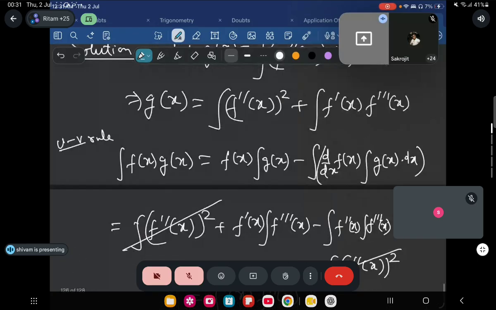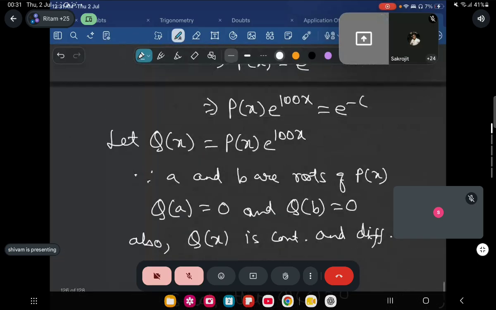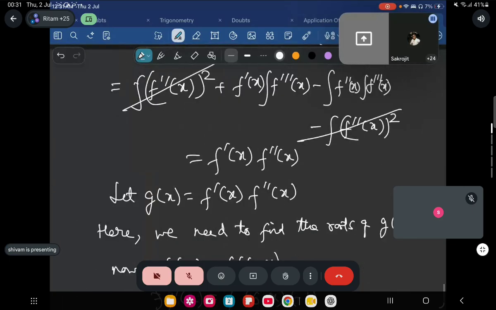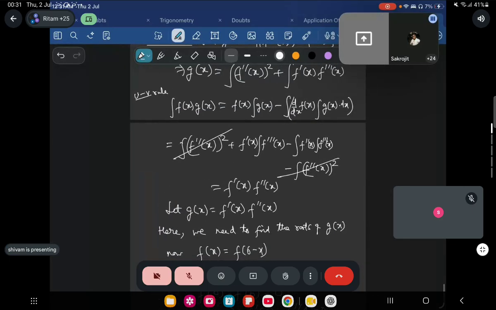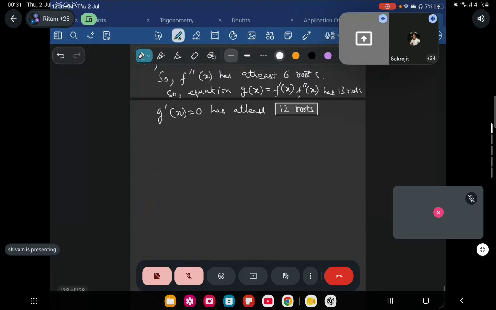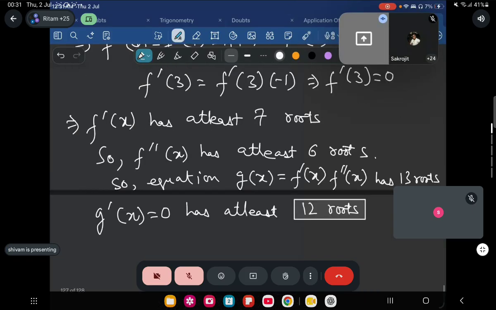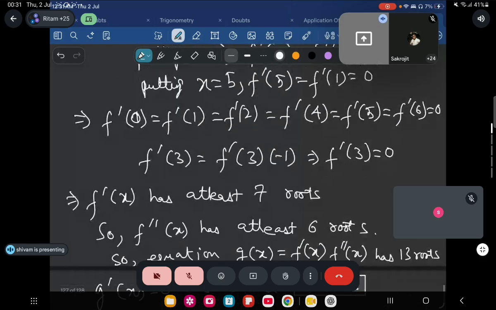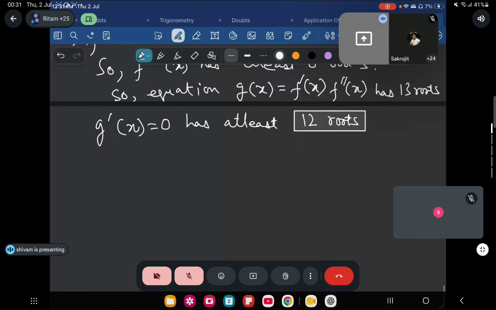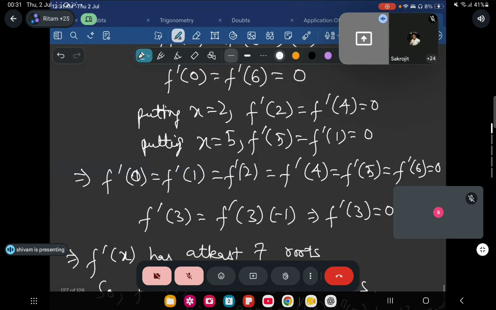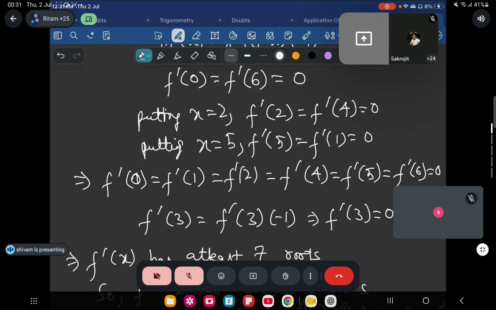Otherwise, in the exam, say for example that I missed that f of 3. Had I missed just one root, my entire problem would have gone wrong. So these things you have to keep in mind. That's why you practice this kind of question. The more various types of questions you practice, the more you will understand where you can make mistakes during the exam.